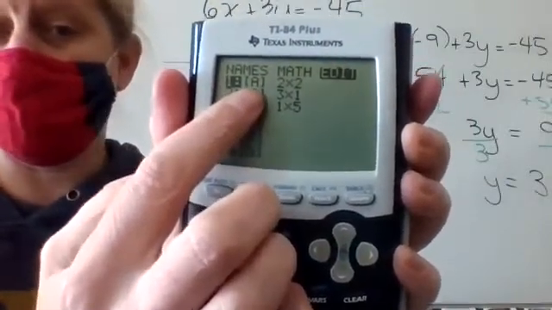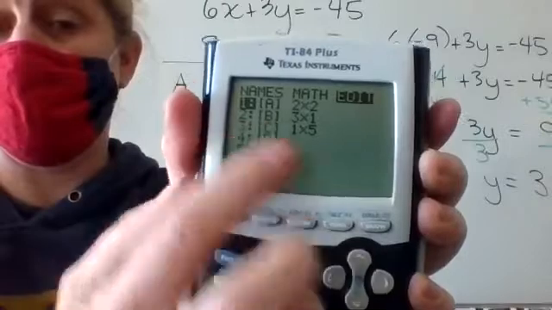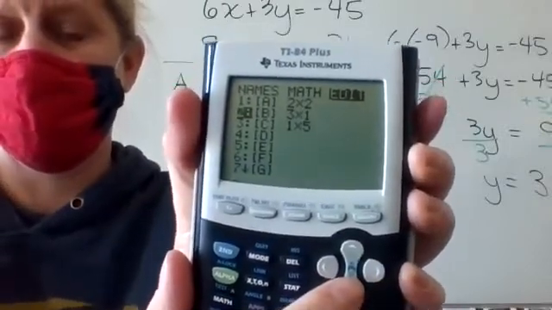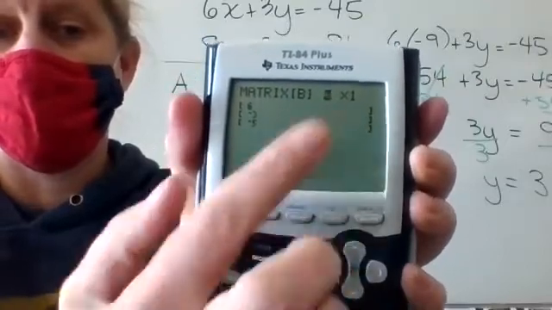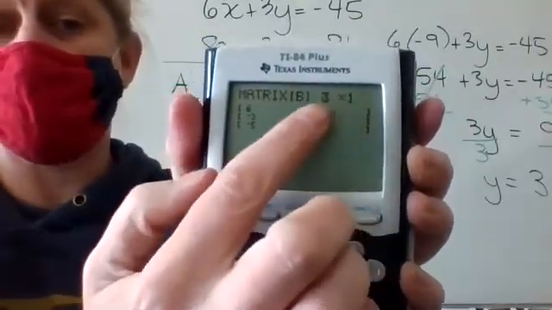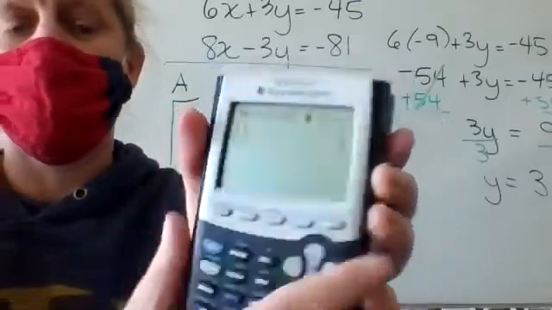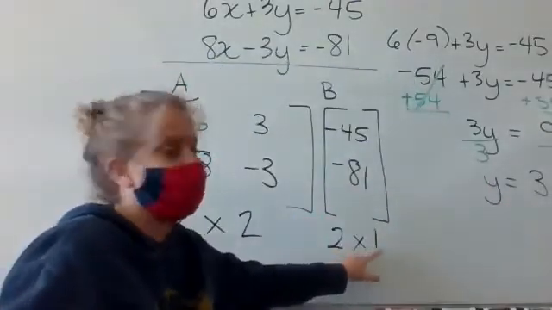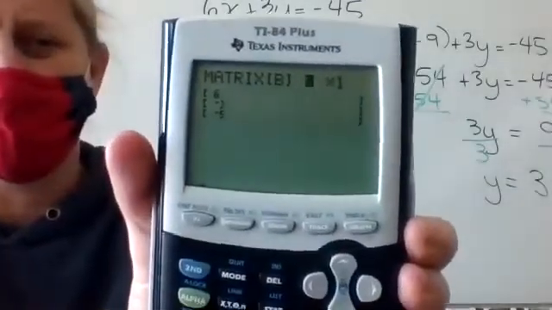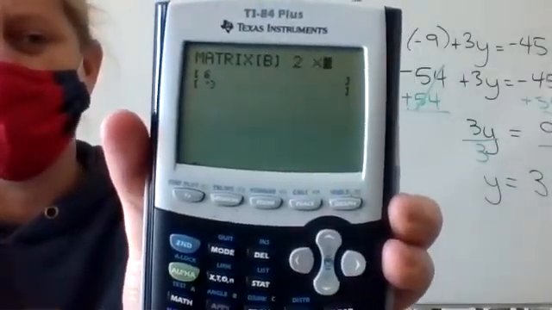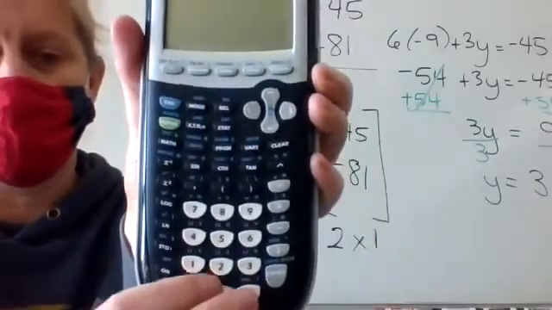I don't want to change what I just put in matrix A. I want to make a new one in matrix B. So go down and hit enter. Again, the first thing you're going to have to do is tell it the dimensions. So these need to be 2 by 1. So 2, enter, 1, enter.